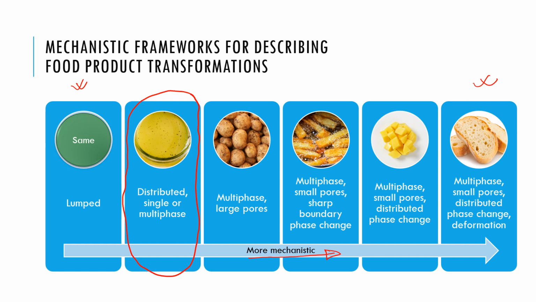So these are single phase equations that are distributed as opposed to lumped, and they are certainly a whole lot better than the lumped, meaning they can describe more details of the physics, but they're also much less complex than the multi-phase porous media that sits on the other end of the continuum of models.